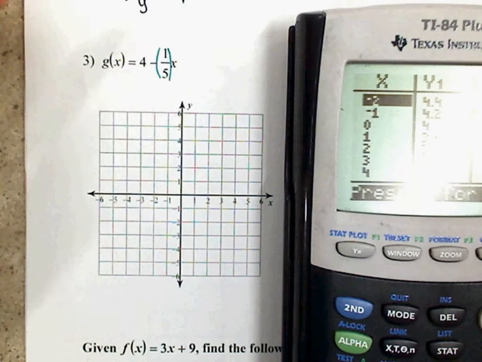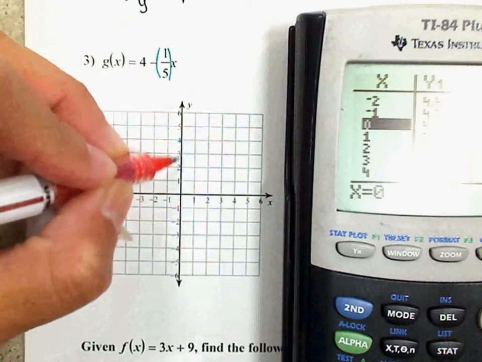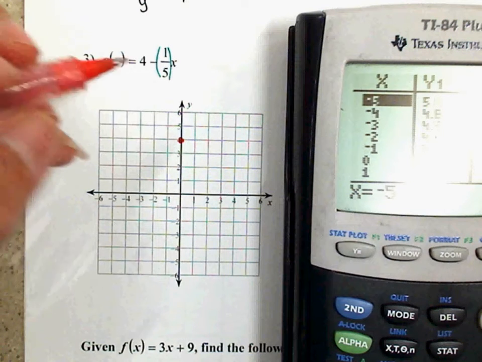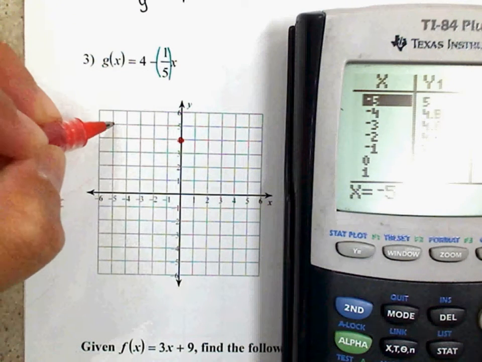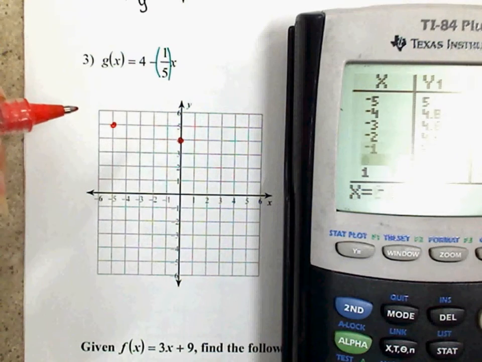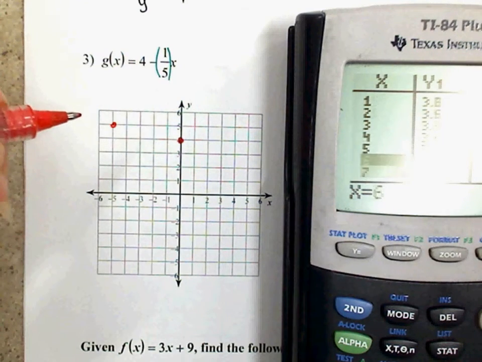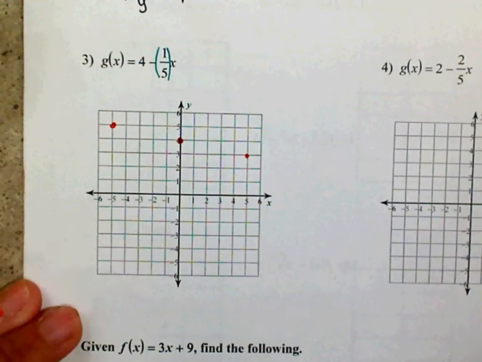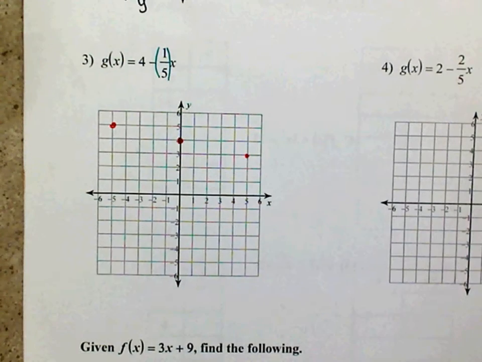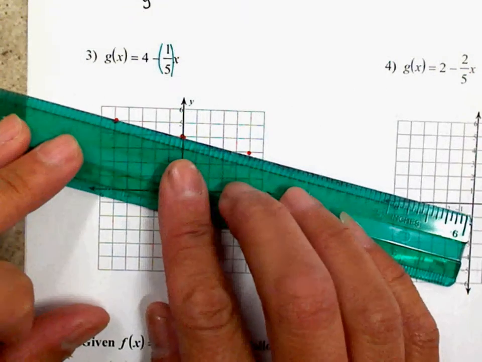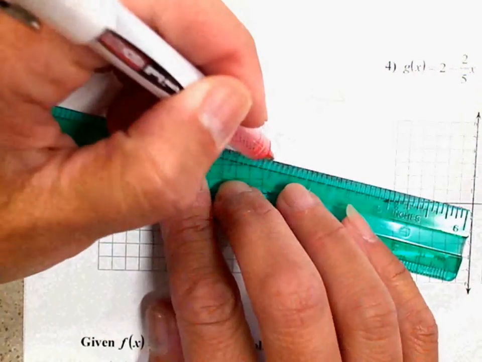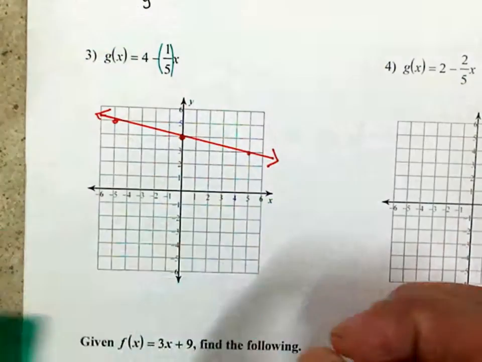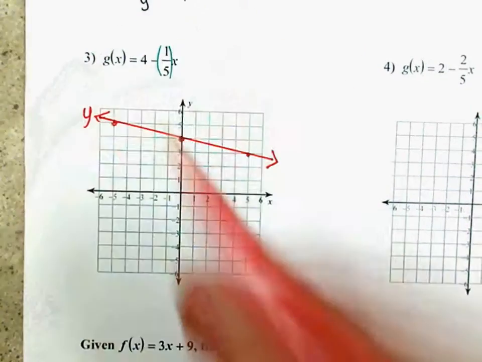I'm going to pick some numbers that's easy to grab. 0, 4. Negative 5, positive 5. Try to stay on the graph. 5, 3. Okay, see how it makes a straight line? And there you have your function.